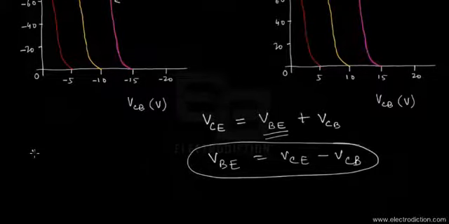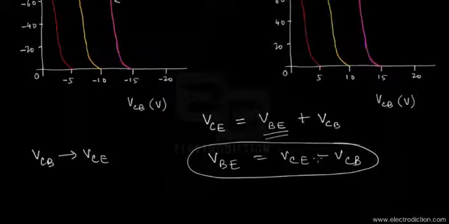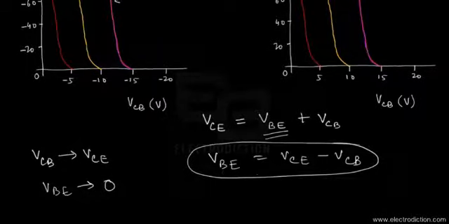From this equation, if we go on increasing VCB so that VCB tends towards VCE, and its value becomes equal to VCE at some particular time instant, then we're going to get VBE equals 0. So if we keep VCB equal to VCE, the base emitter voltage VBE will be 0.